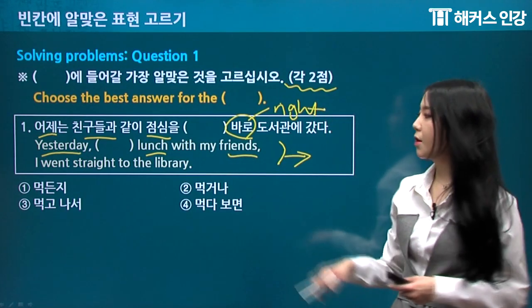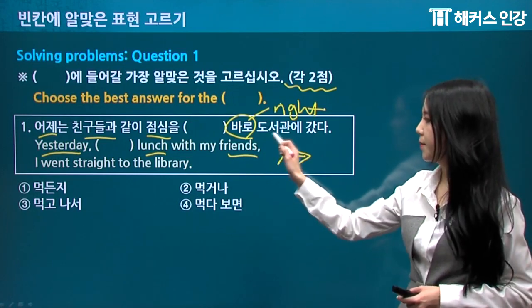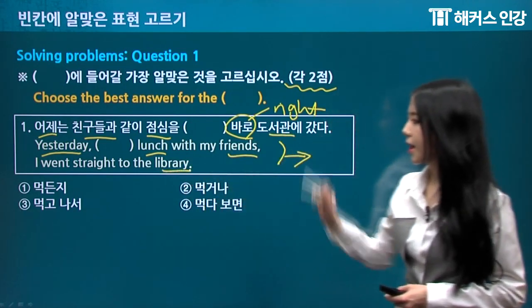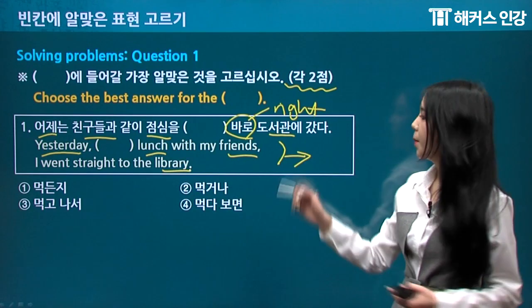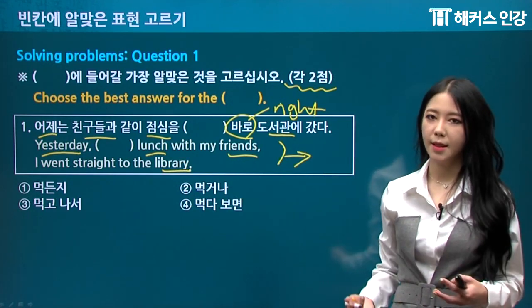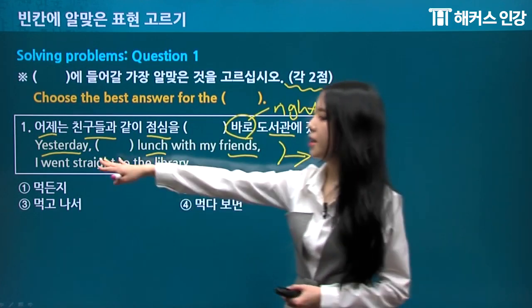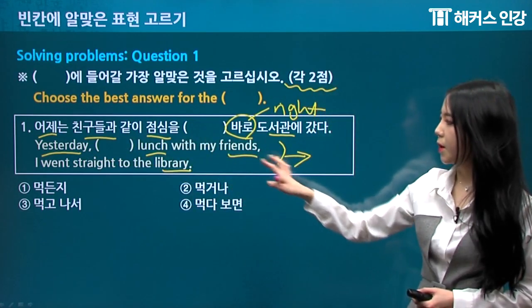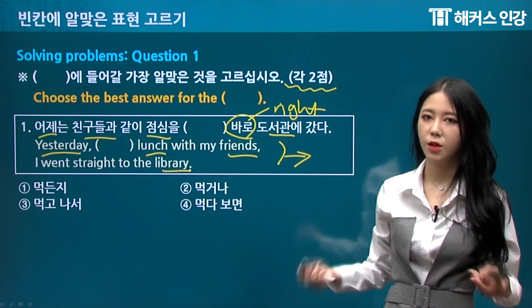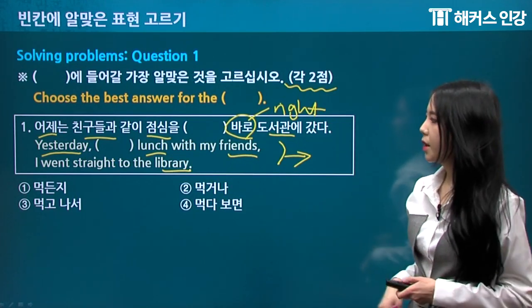Good. 도서관 is library. 갔다 is to go, but it's 갔다, so it's past tense. Right? So we went. So if we translate this, it means yesterday, blank, lunch with my friends, I went straight to the library. What are we looking for?